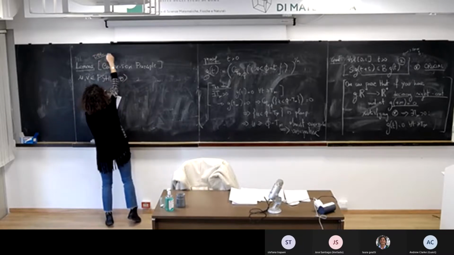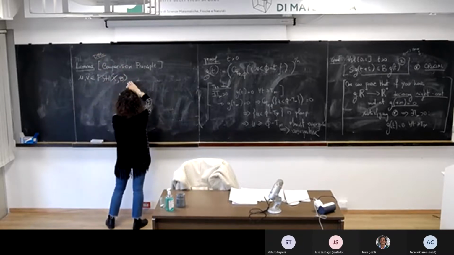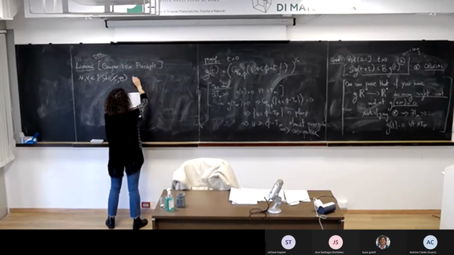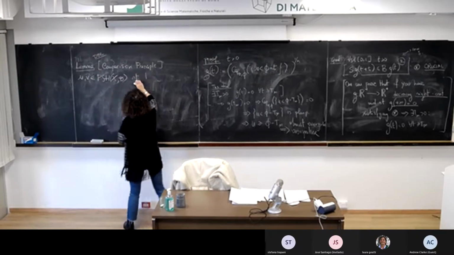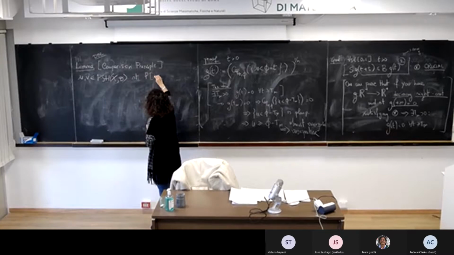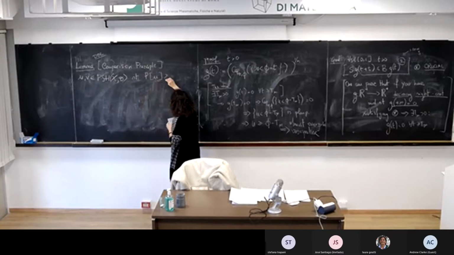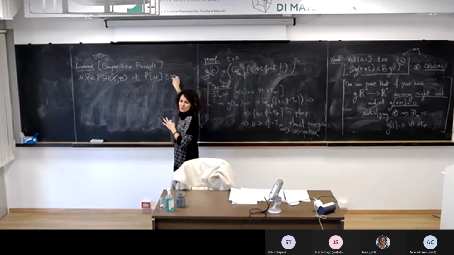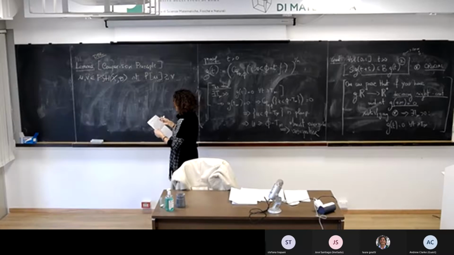And this is the DDL. You take two PSH functions such that, and now you see this condition appearing again, P of u is less singular than v. Remember, we have a similar condition in the statement of the theorem, just to make the connection.